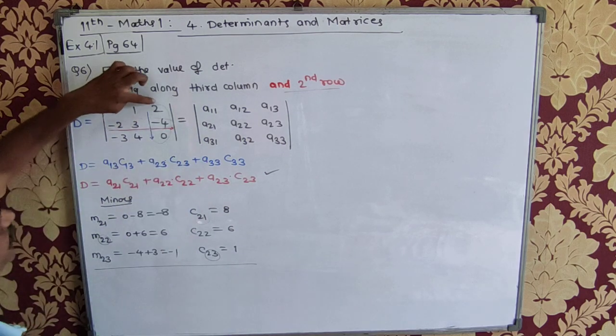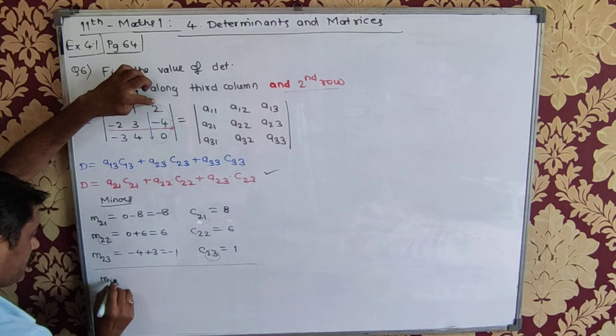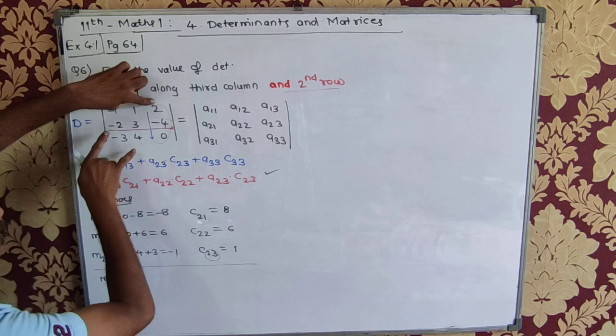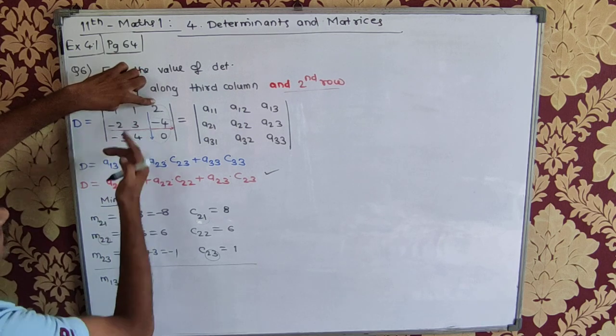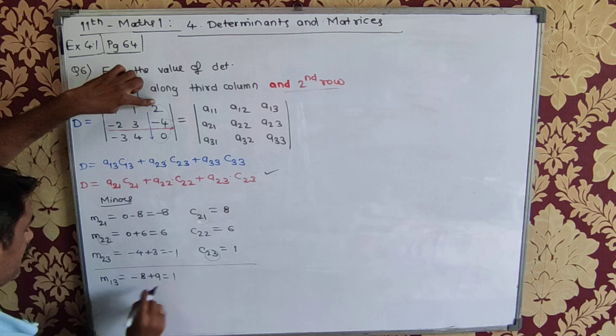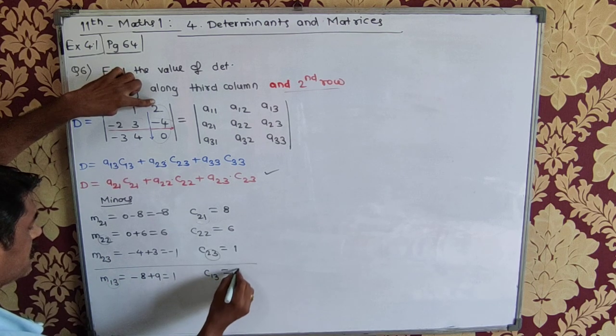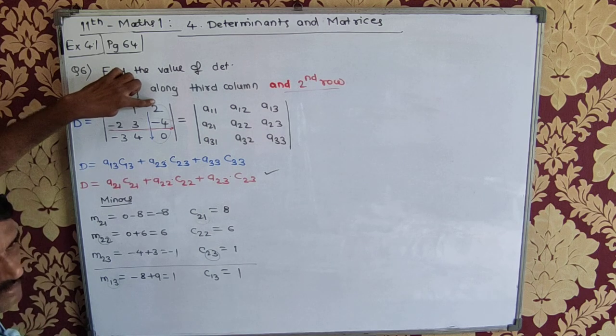So from this, M13: minus 8 plus 6, that is 1. Even number, so C13 is 1.